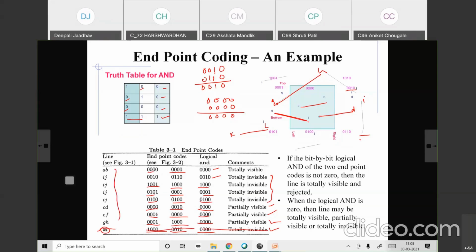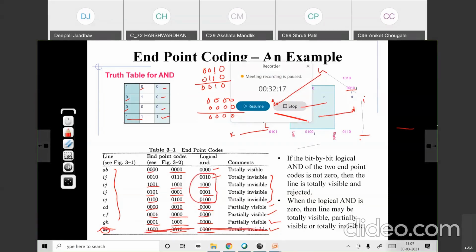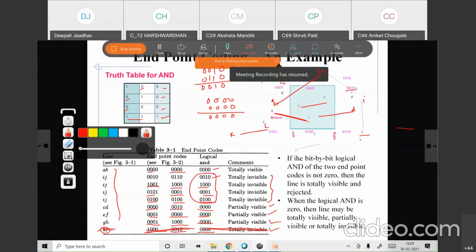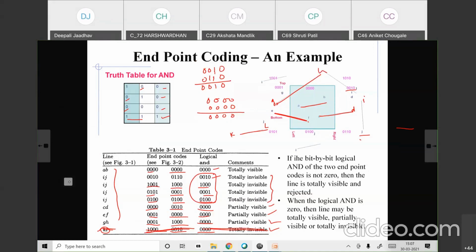When we see all these examples, observe the totally invisible ones. What do we observe here? If the bit by bit logical AND is not equal to 0, then the line is totally invisible.